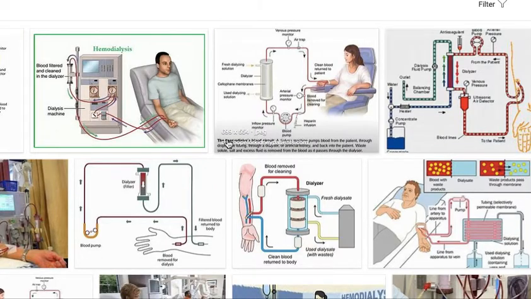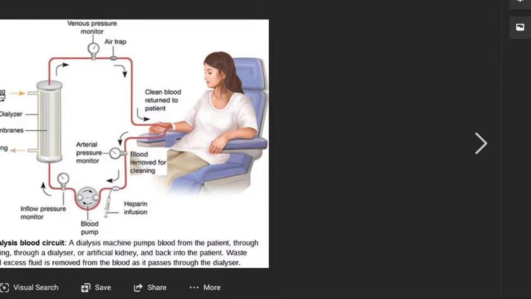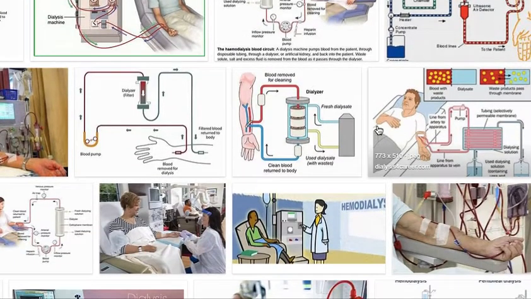See, the dialysate fluid is flowing in this direction, the blood is flowing in this direction, right? So this is how they do this.